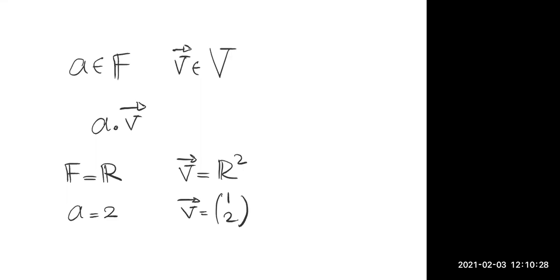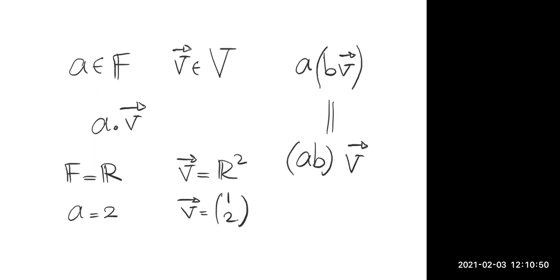Now, this multiplication should also have some properties. If I multiply this vector v by a number b and then multiply it by a number a, it should be equal to this other multiplication, if I first multiply a and b and then multiply the result by v. And this is a little bit tricky.